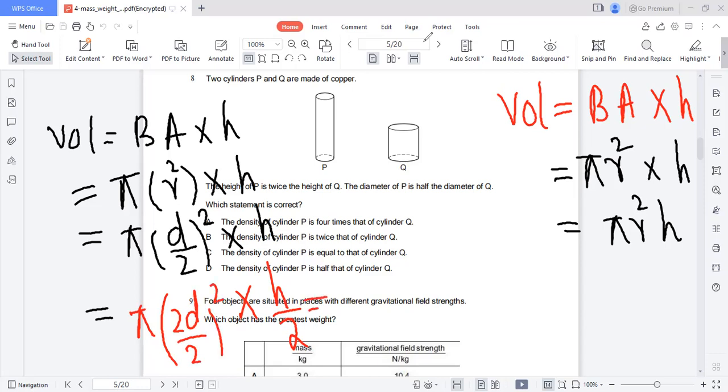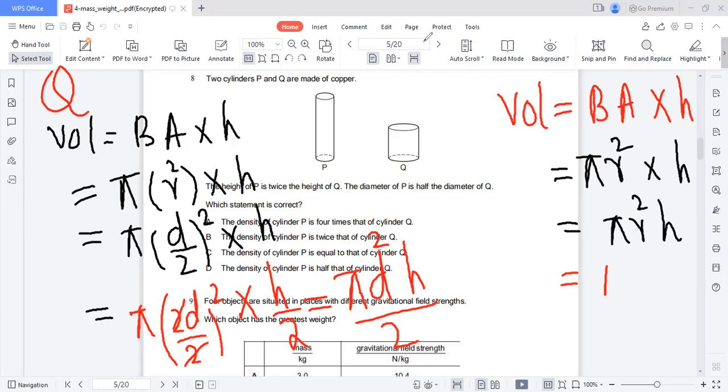So what would be the outcome of this one? The 2 cancels with this 2, so our answer is pi d square h divided by 2. This is the volume of our Q, the volume of Q.